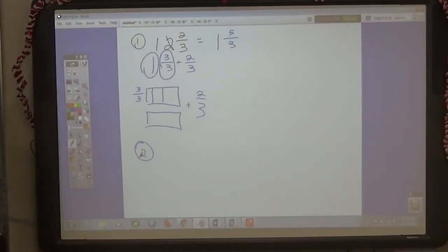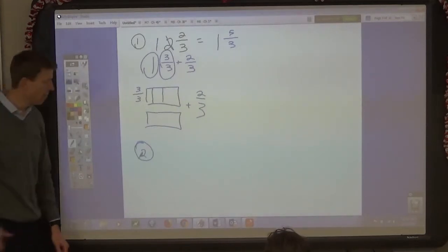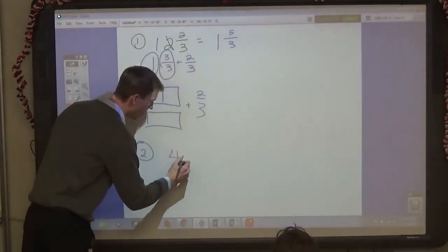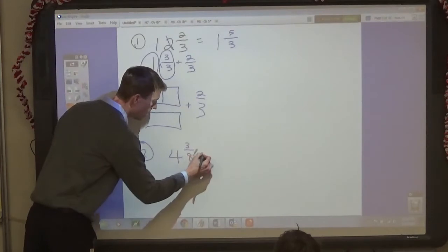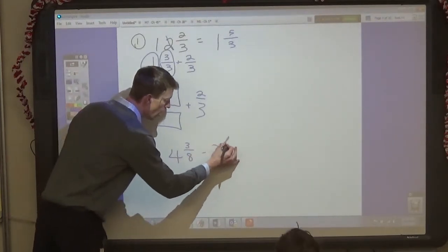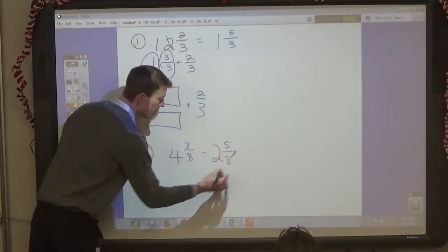Number 2. It says to estimate, we're just going to work on the subtraction. So you don't have to estimate in these. 4 and 3/8 minus 2 and 5/8. So you just have to write it down.